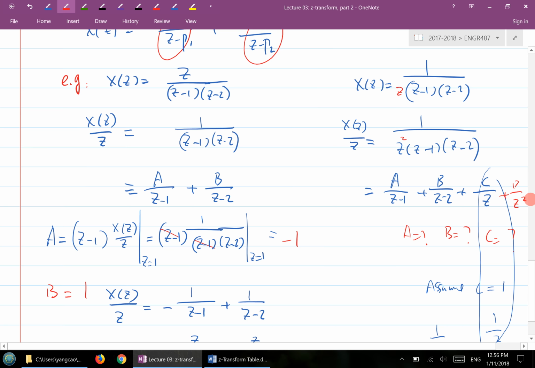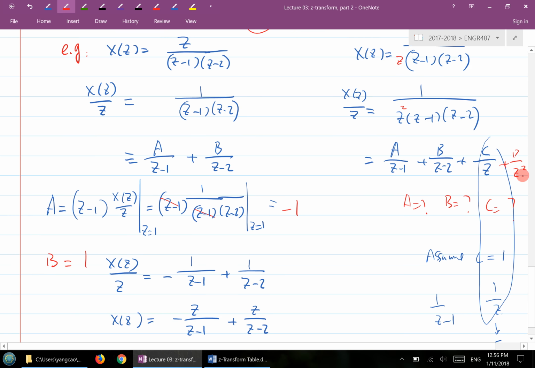Now, of course, if you think about what happens at the end, you multiply the z back to here. So here the z is canceled. You cancel one more z, it basically becomes just d over z.